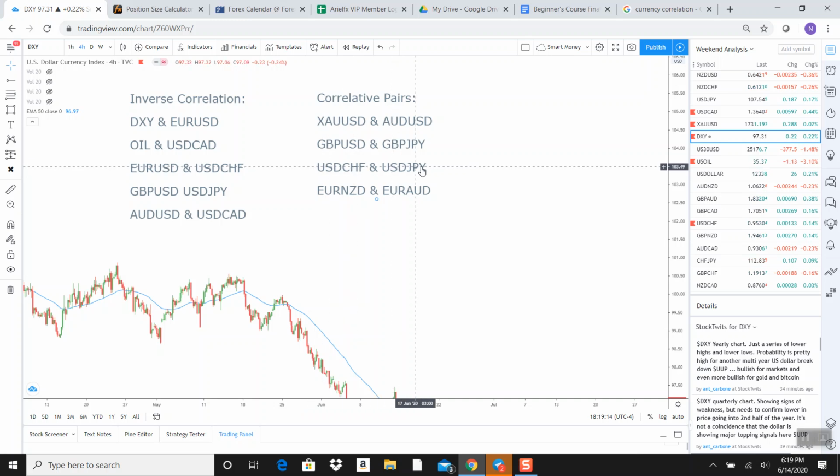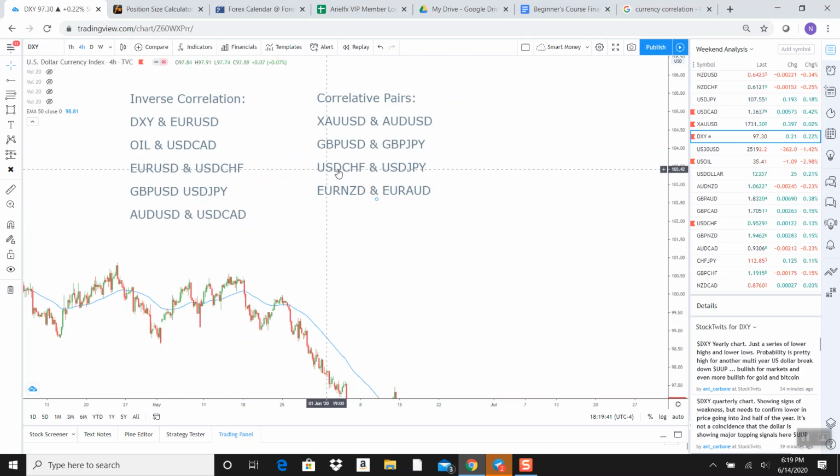USD CHF, USD JPY, USD is first here, correlated. So if you have a setup on Euro USD, maybe there could be a setup on USD CHF. If this one wants to go short, which we're looking at, maybe there could be a long opportunity on USD CHF. So pay attention to these so you can maybe have a double whammy and profit two times over because you understand correlation.